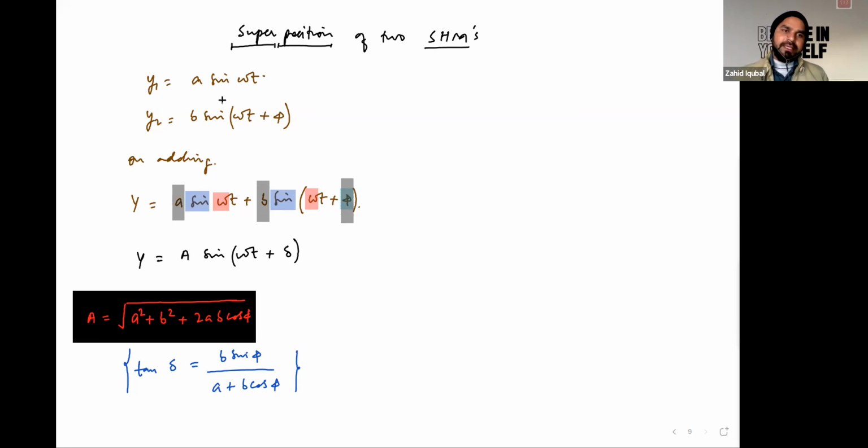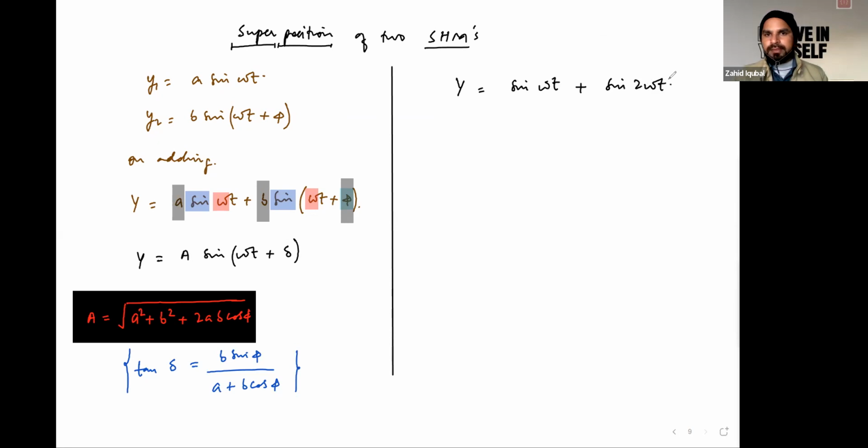In this part, I have taken omega and omega same for each different part. But suppose if you have equation like y is equals to sine omega t plus sine 2 omega t.